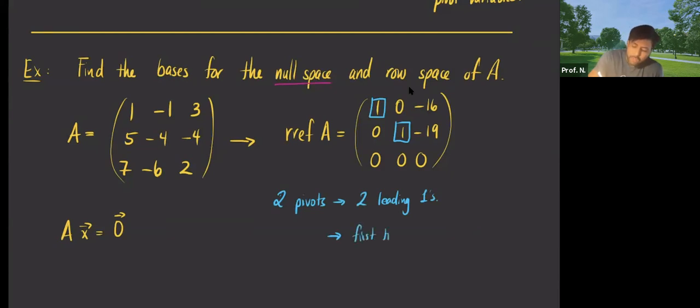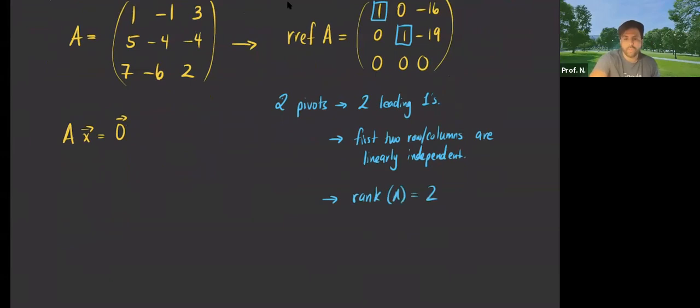I know that the first 2 rows and the first 2 columns are linearly independent. What else do I know? I know that the rank of A is 2. What else do I know?